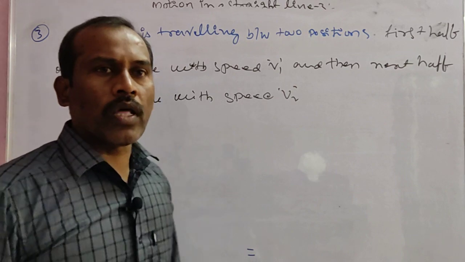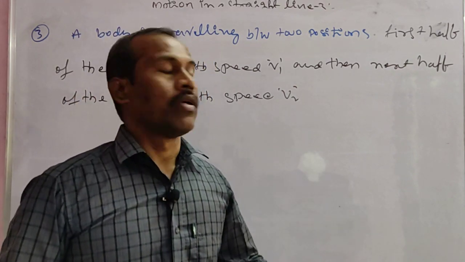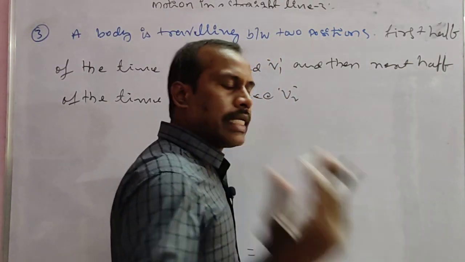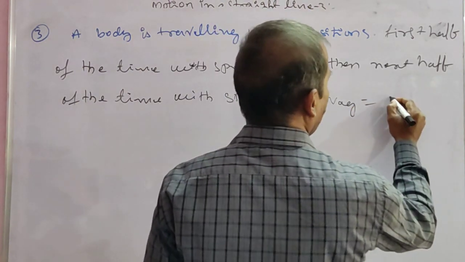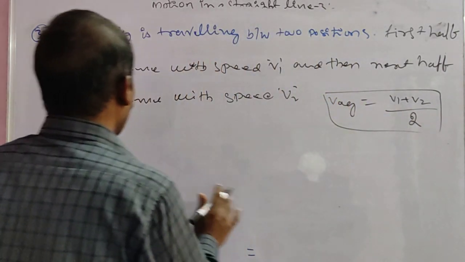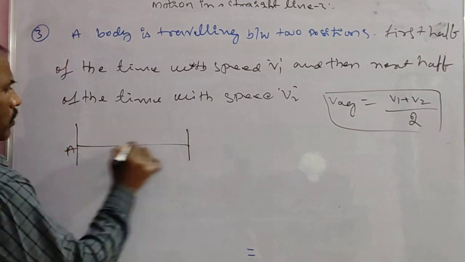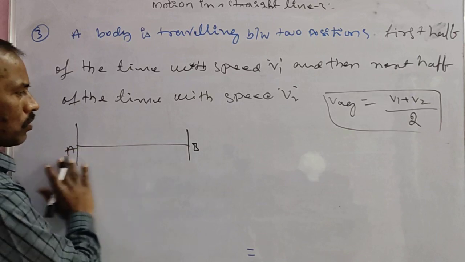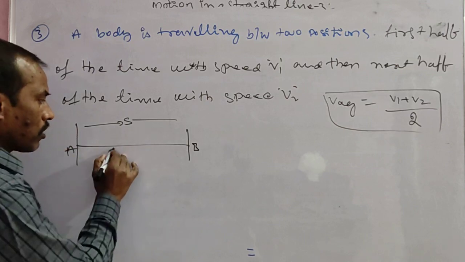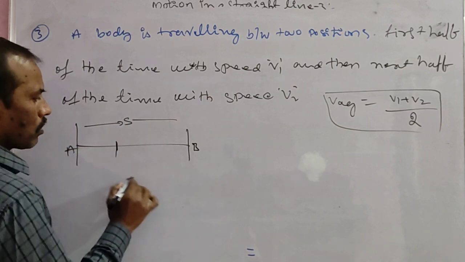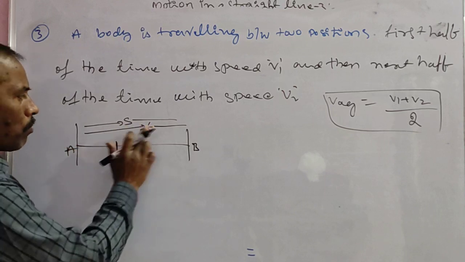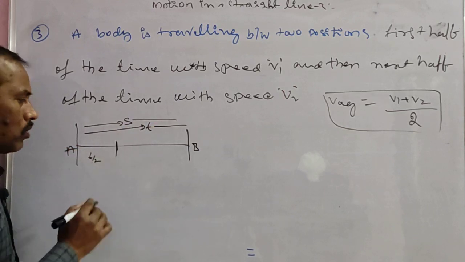Then the average speed of the body between the two positions, total distance, that means the average speed is equal to (v1 + v2)/2. Now these are two positions, A and B. The first half of the total time, for example total time A to B is t, so the first half of the time is t/2 with speed v1.